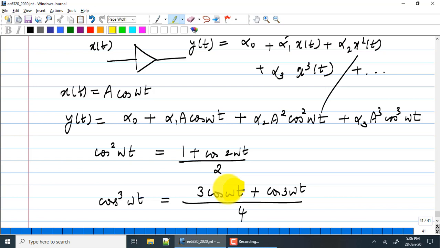So it will change your DC, it will add something to the cos 2 omega t term, it will also cause a cos 4 omega t term and so on. So every even order nonlinearity will affect the even order terms. Every odd order nonlinearity will affect the odd order terms.